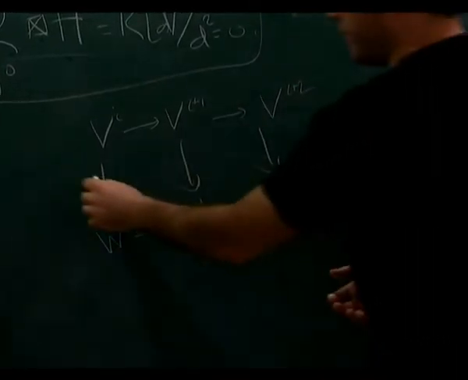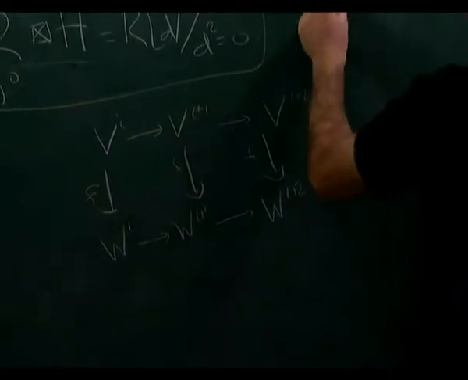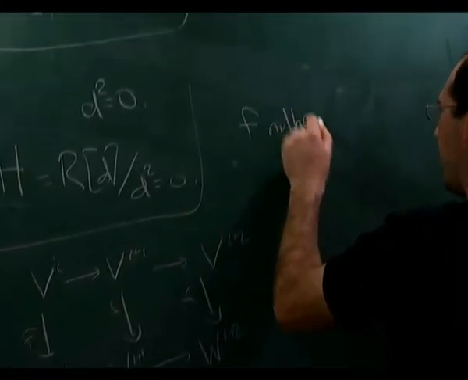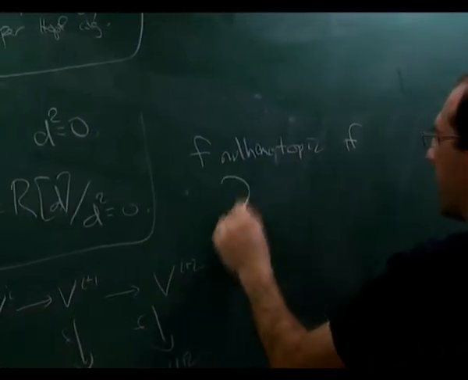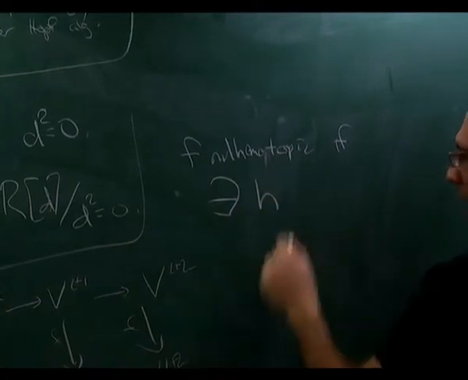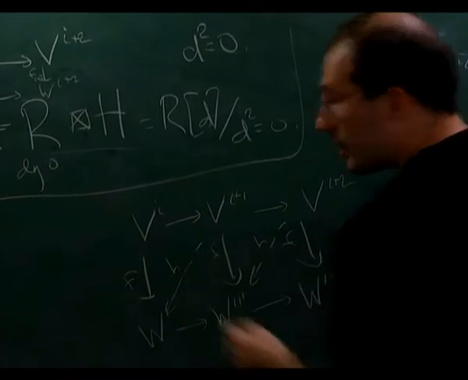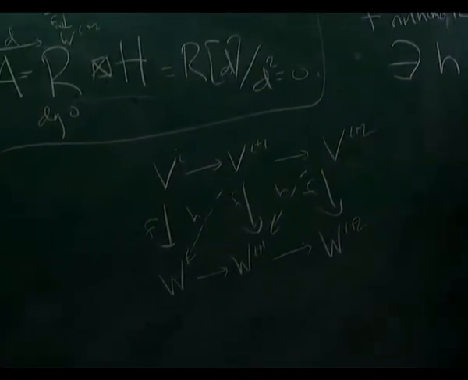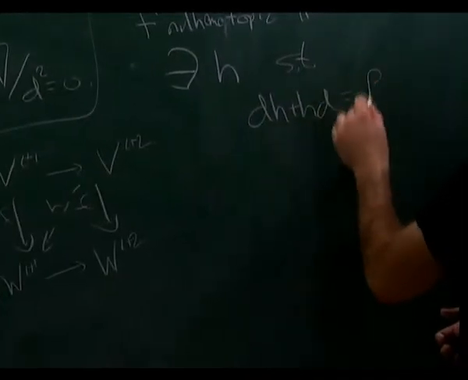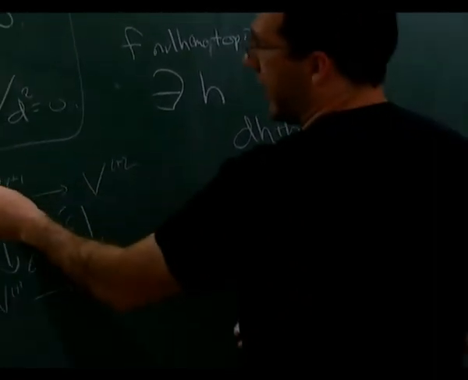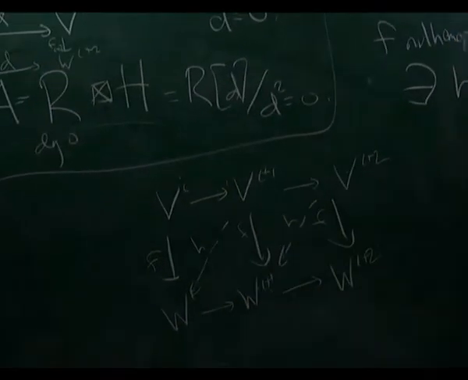Let's call it F. And we say that F is null homotopic if there exists a homotopy, which is a map of degree -1. Okay, that looks like this, such that dh plus hd is F. So if you start at any given spot and you go over, down, plus, down, over, that's the same as just going straight down.